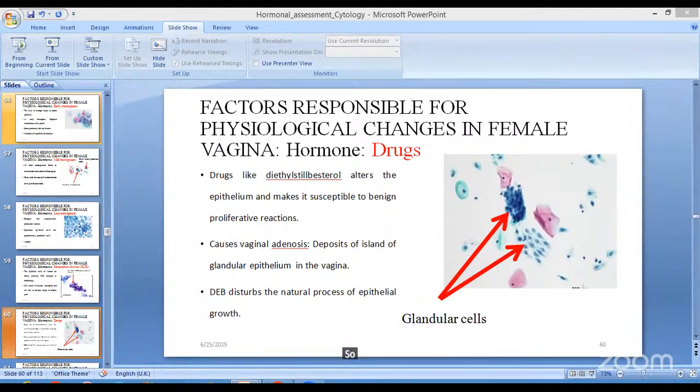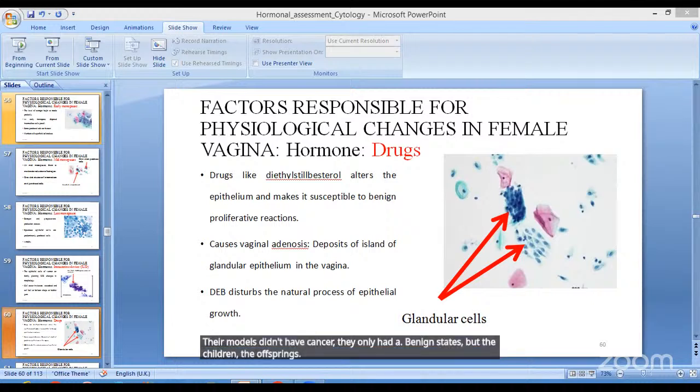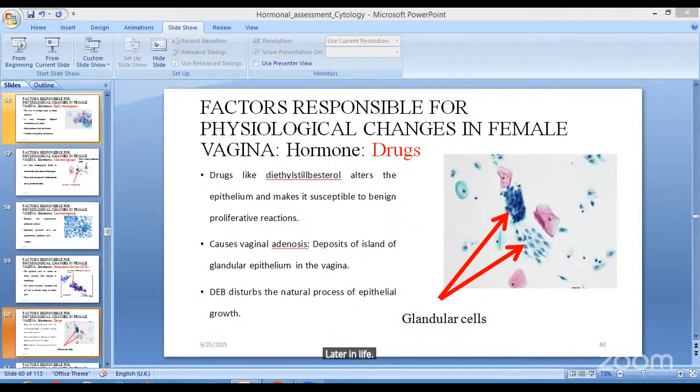Historically, this drug was known to be transgenerational. The offspring of women who took that drug came up with cancer. Their mothers didn't have cancer. They only had a benign state, but the children, the offsprings, later in life, developed cancer.